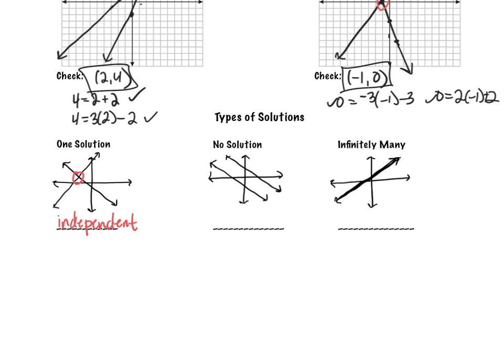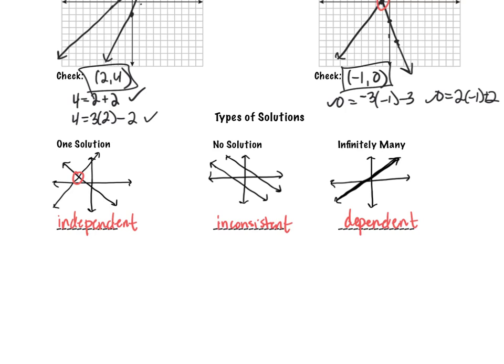They're never going to touch, so I can never have a solution. This is an inconsistent system. And infinitely many is where the two lines overlap at all points. This one I call a dependent system.